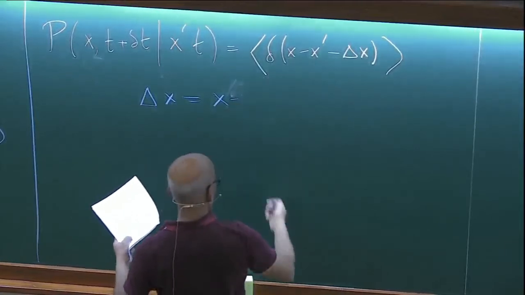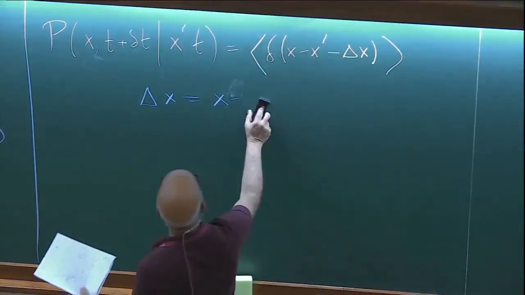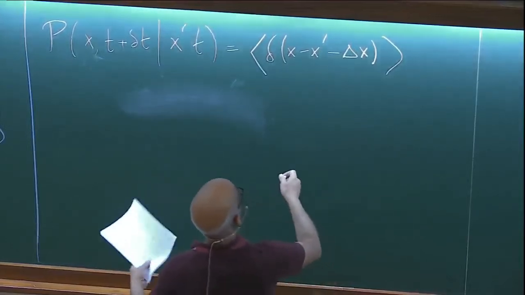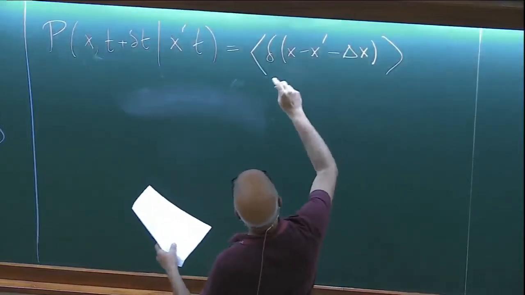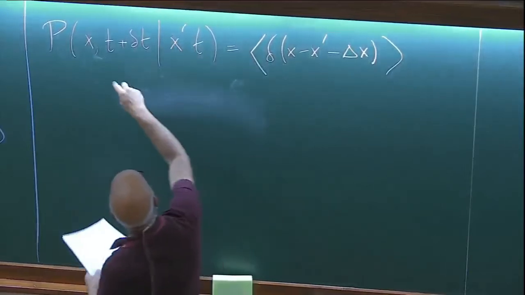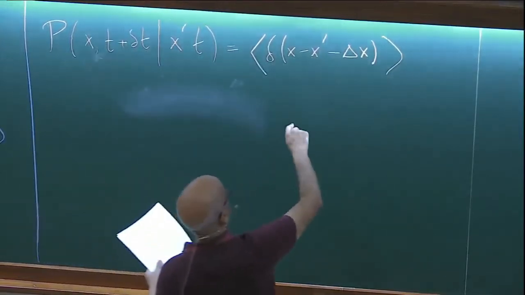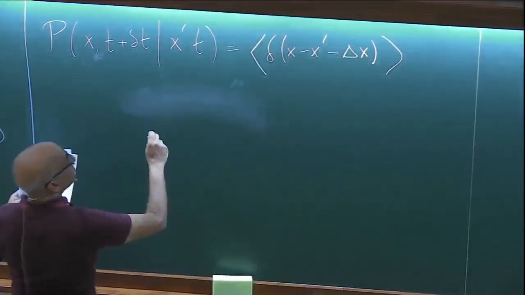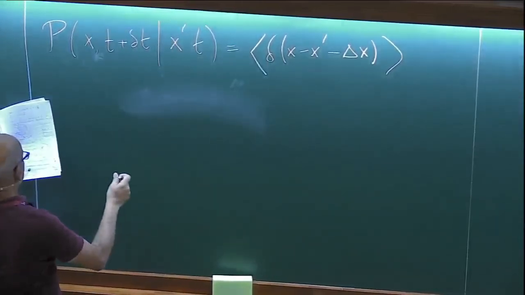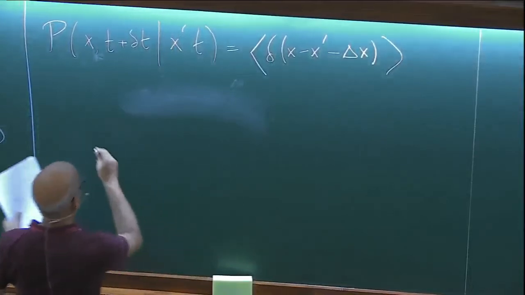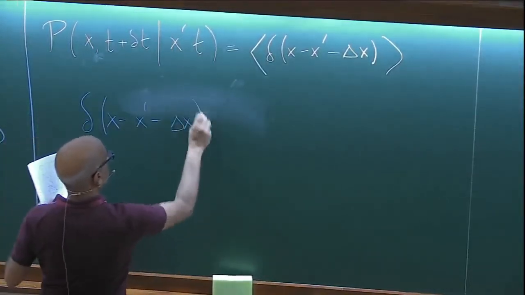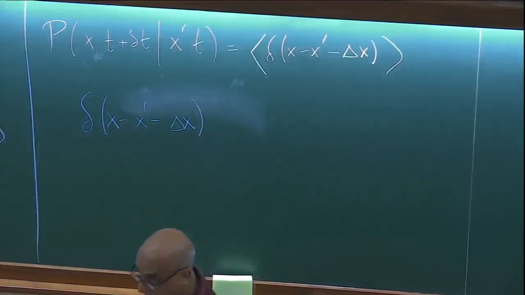Am I doing this right? Writing it slightly weirdly. My notation is sort of going to hell. I should really put subscripts f all over the place. But you know what I'm saying here. So let's just look at the object delta of x minus x prime minus delta x.